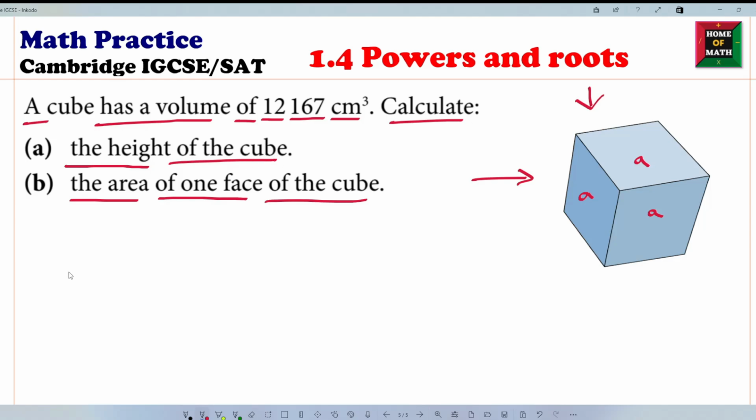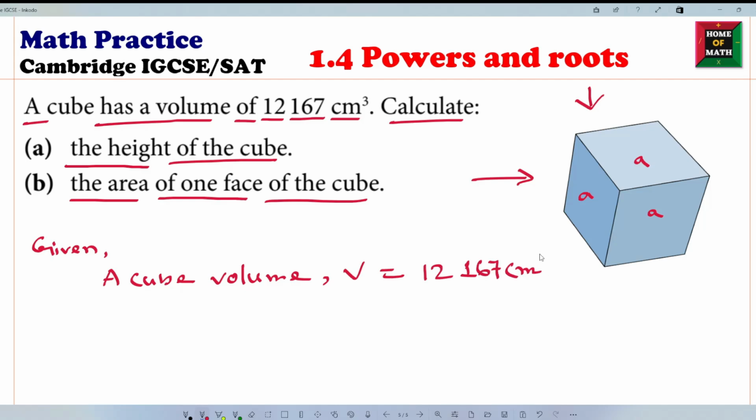In this case, first we can write like this: given a cube volume, which we can denote by V equals 12,167 cubic centimeter.